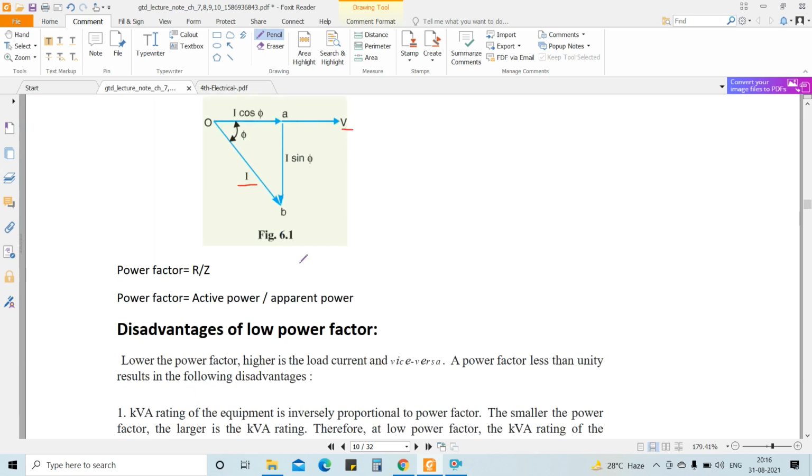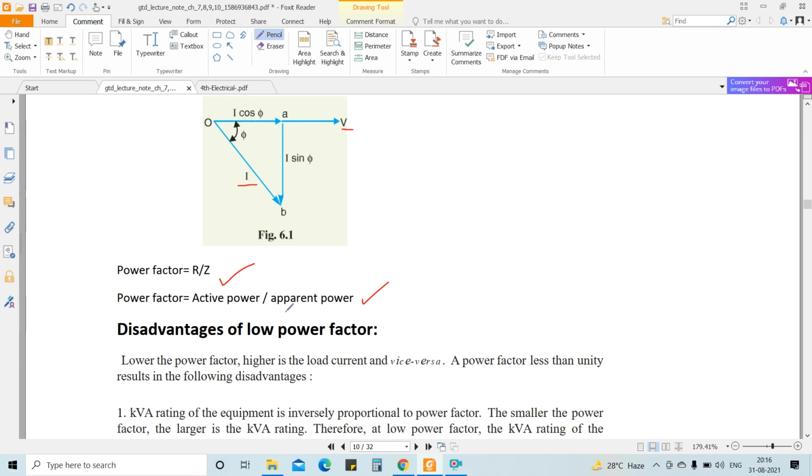The power factor formula you already studied: power factor is equal to R by Z. Another formula is power factor equals active power by apparent power. Everything you already studied in previous semesters.